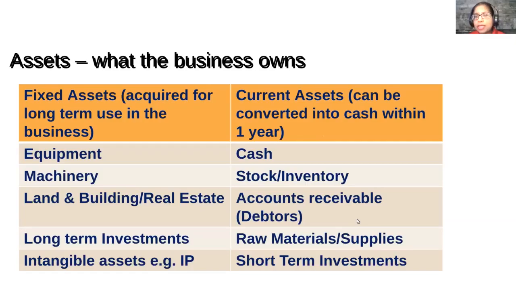All right, so let's just go through what accounts receivable or debtors mean. Accounts receivable or debtors are people that owe the business money, right?